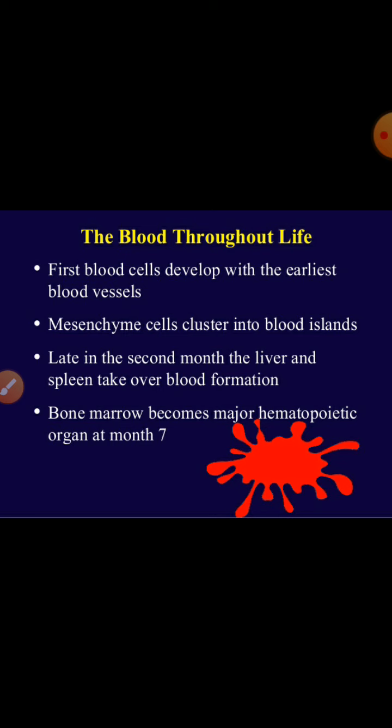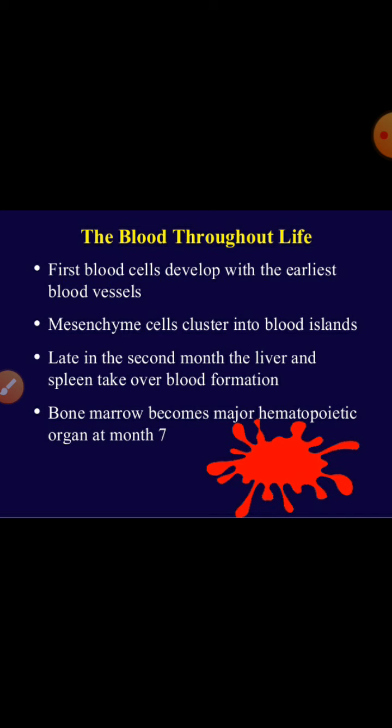Now some important information. First, blood cells develop with the earliest blood vessels. Mesenchymal cells cluster into blood islands, and late in the second month, the liver and spleen take over the formation of blood cells. First they develop from the earliest blood vessels, and then from the liver and spleen.